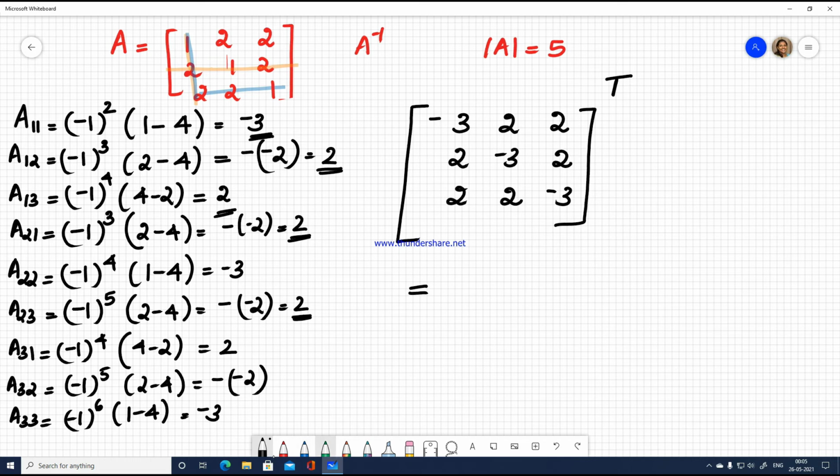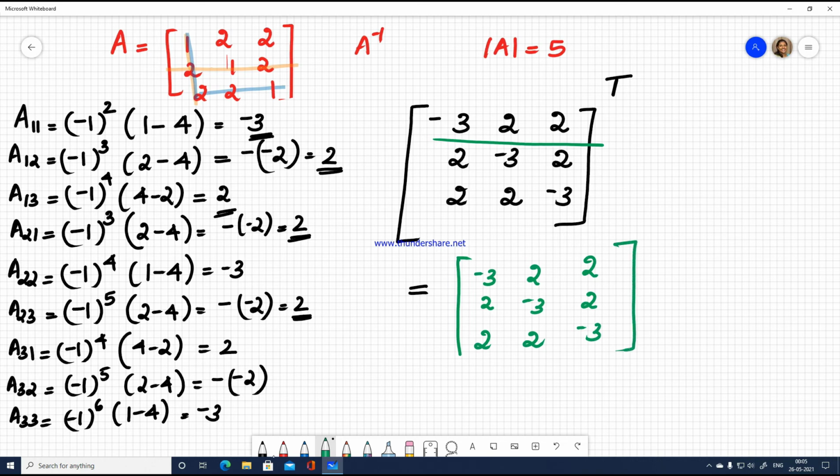So the answer will be, you change all the rows to columns. So it is minus 3, 2, 2, 2, minus 3, 2, 2, 2, minus 3. So this is the adjoint of that particular matrix.